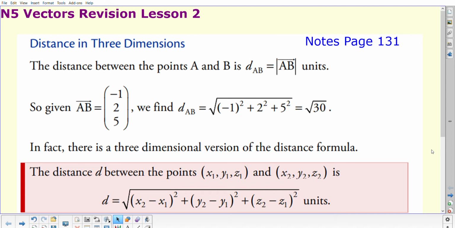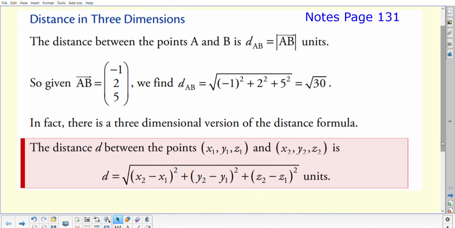formula, and really this is just an extension of the distance formula and being able to use it within a vector quantity. Basically your components or your coordinates, you can see down here in this pink section, if you've got points x1, y1, z1, x2, y2, z2, then the distance between those points in a three-dimensional diagram is given by, it's like doing Pythagoras in 3 dimensions.